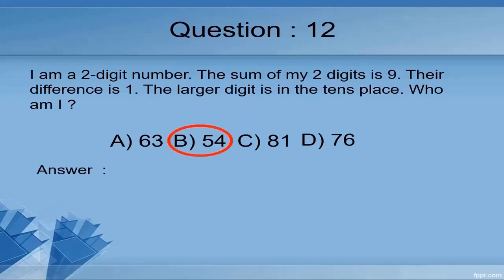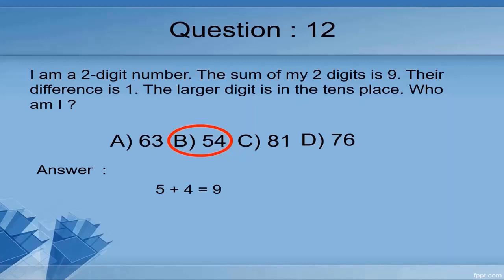Here they have given their difference is 1. When we subtract successor from predecessor, we will get the difference 1. So here we will choose successor and predecessor. That is B and D option. So now let us see. 5 plus 4 is equal to 9.